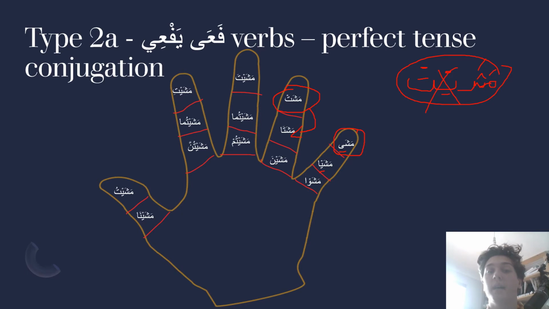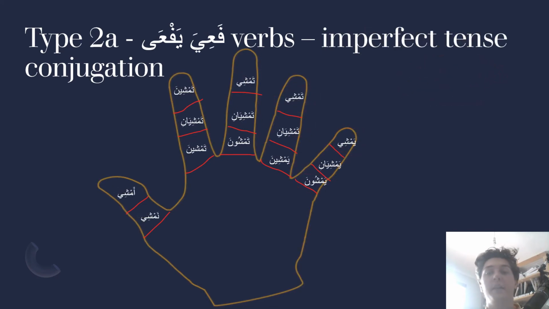We get mashata instead of mashaita. Now mashau is interesting, and this is due to syllable structure again. So just remember, instead of mashao, with the ya fitted in some way, you drop it to retain the syllable structure.